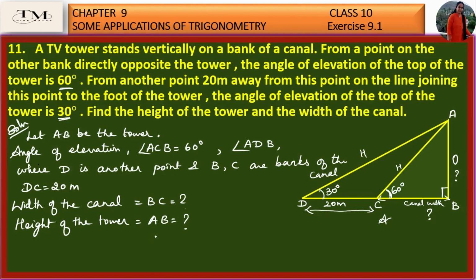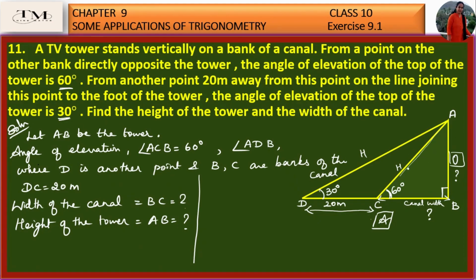How do we find it now? What do we know? We know DC. In the adjacent side one value is known and we have to find the opposite side, so the tan ratio matches. Let me take the small triangle ABC.